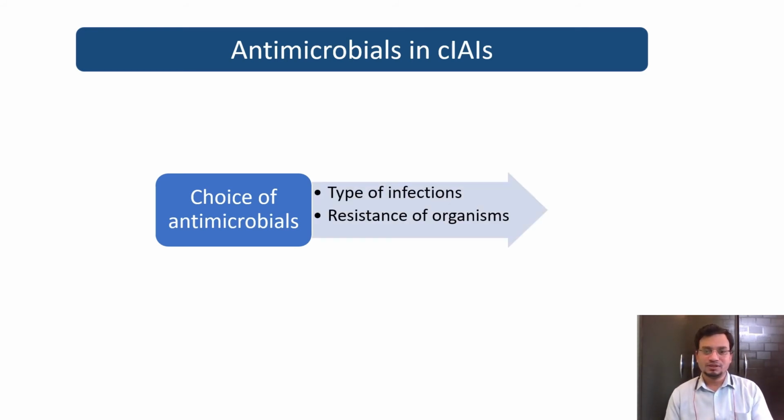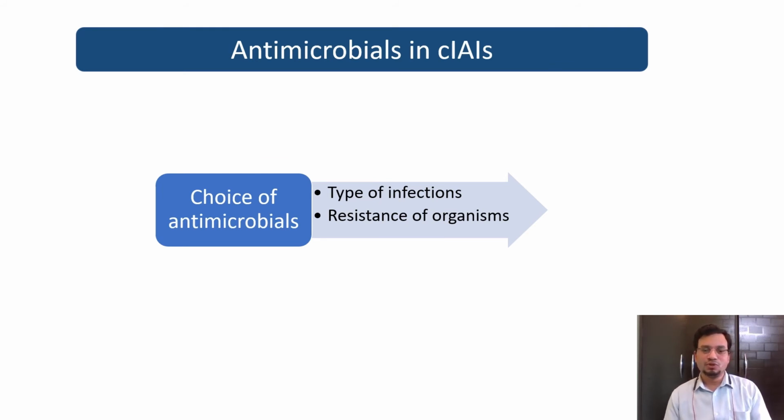The first is the type of infection: whether this is a community acquired intra-abdominal infection, or a hospital acquired or nosocomial abdominal infection, whether this is high risk community acquired or low risk community acquired. So you have to select your antimicrobial agent depending upon the type of infection.